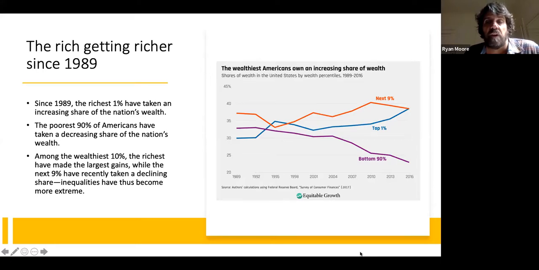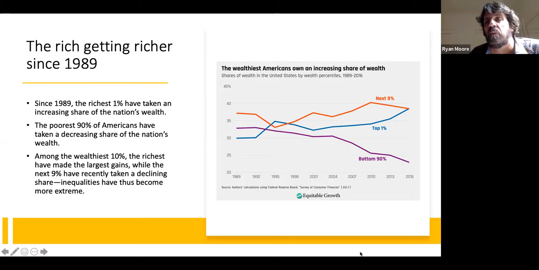Even the next 9%, the orange line in this graph, although they did steadily increase their slice of how much wealth they were taking, they too have declined. It really has just become about the 1%.